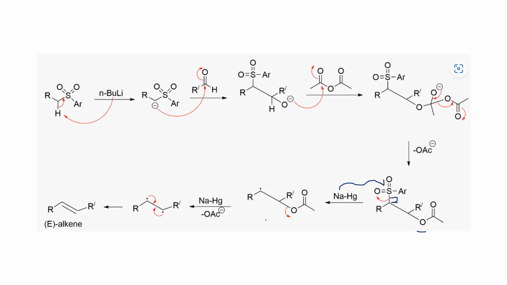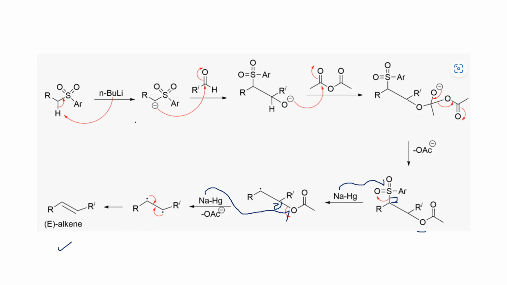Then again, by using another molecule of sodium amalgam, that will trap this oxygen and form another single electron, and these two single electrons undergo a coupling, forming this E double bond, forming this E alkene. So in case of Julia olefination, we get specifically an E double bond.